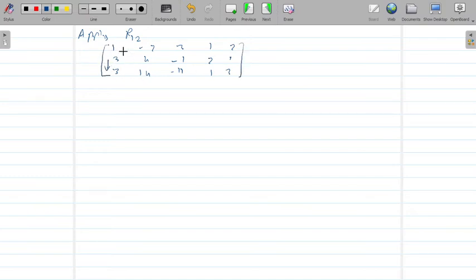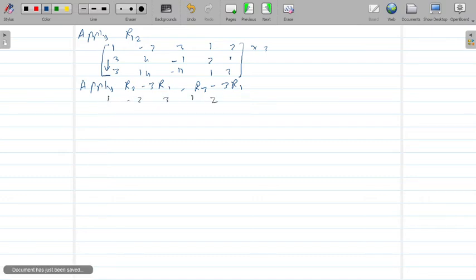Now my target is to make all entries below A11 equal to 0. So which transformation do we have to apply? Apply R2 minus 3 times R1 and R3 minus 3 times R1. So this matrix will change to: R1 as it is, 1, minus 2, 3, 1, 2. Now 3 minus 3 is 0. Then 4 minus 3 times minus 2, that is 4 plus 6, which is 10.